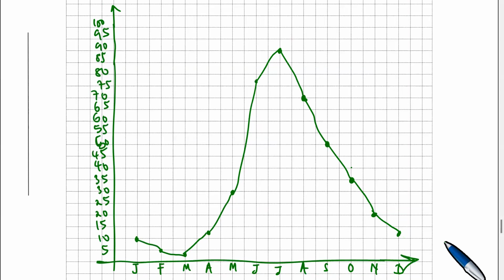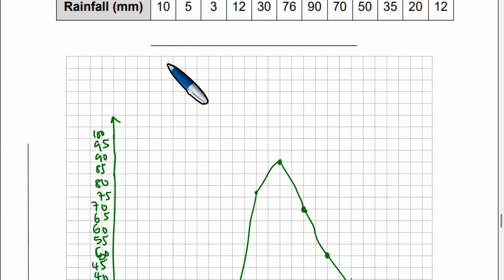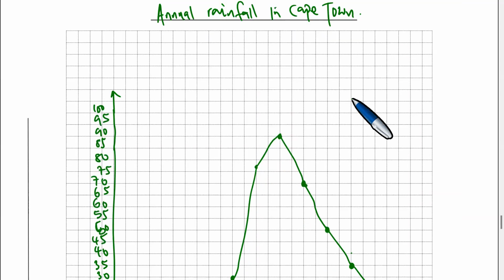And we've just drawn this graph. This is the annual rainfall in Cape Town. The title of the graph is the annual rainfall in Cape Town. Next question.